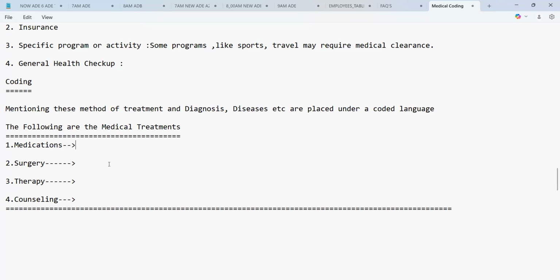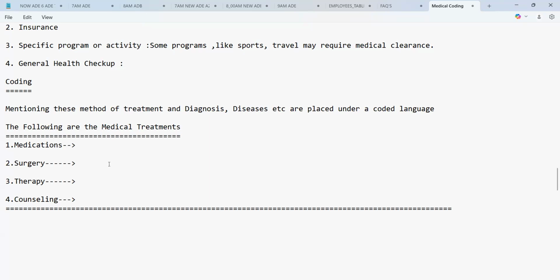This is all about medical coding. So we code these medications, surgeries, therapies, and counseling in a coded language. Even the devices, which can be external devices or implant devices, all this comes under treatment only.